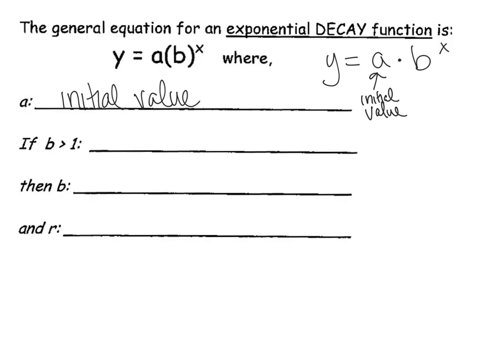So now we're doing decay, all right? Decay means that B is in between 0 and 1. Remember our special way to write it? 0 is less than B is less than 1. That's called decay. So B is going to be my decay factor, because now we're doing decay.